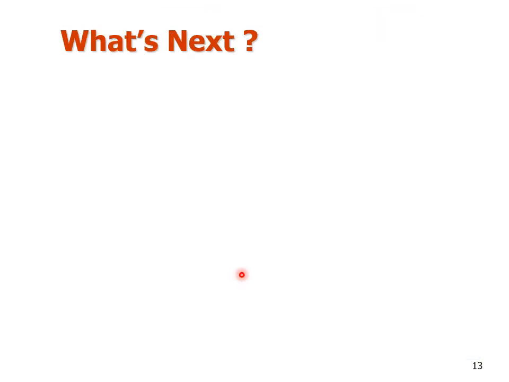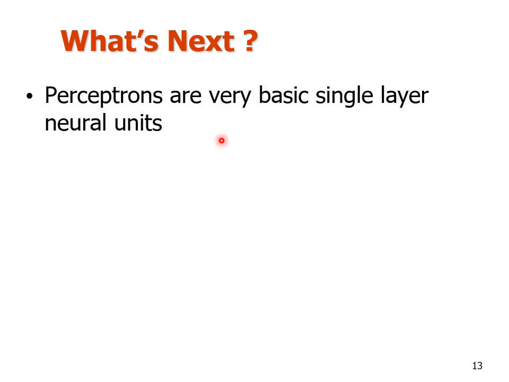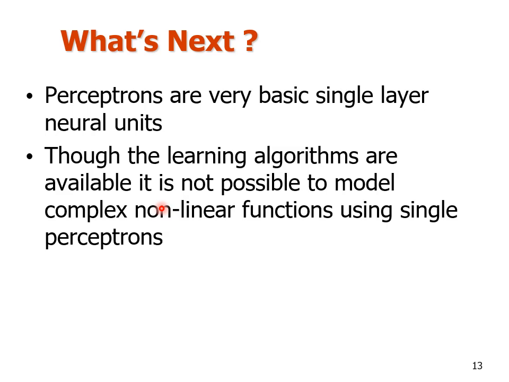So now we know that perceptrons are very basic single layer neural units, and we have gone through various algorithms to learn perceptrons. Though learning algorithms are available for perceptrons, it is not possible to model complex nonlinear functions using single perceptrons.